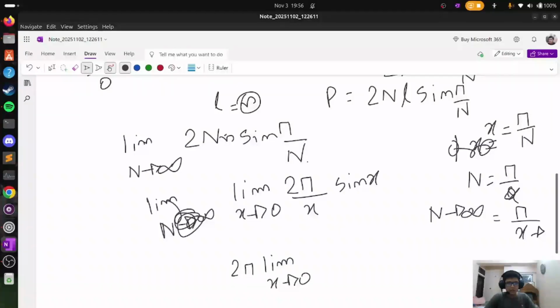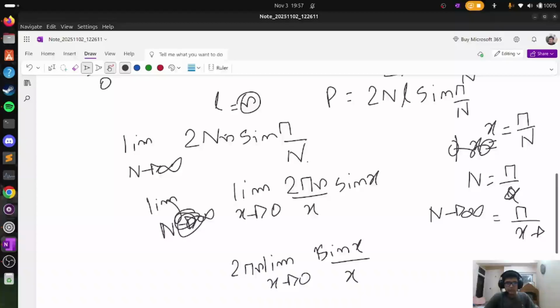Oh, we forgot one thing here. Our r, yeah, 2 pi r, here, 2 pi r. You see, we got that now: sine of x divided by x. Now you can do one thing here. In terms of the Maclaurin series, you'll get this as 1, and if you use L'Hopital's rule, it's the same.